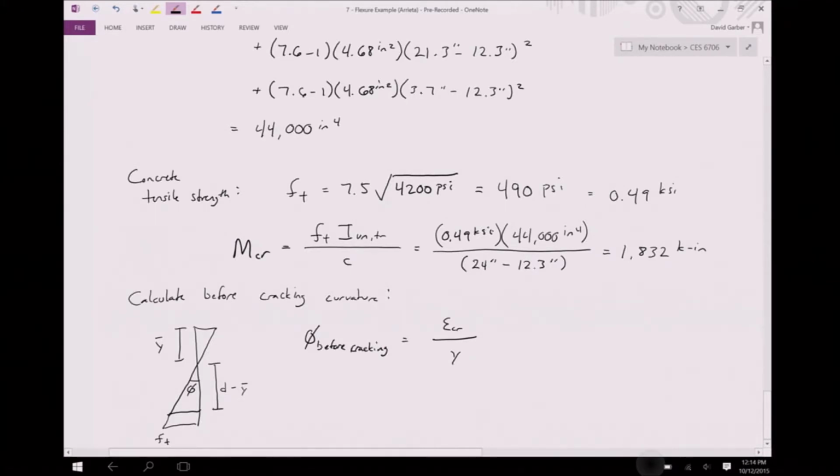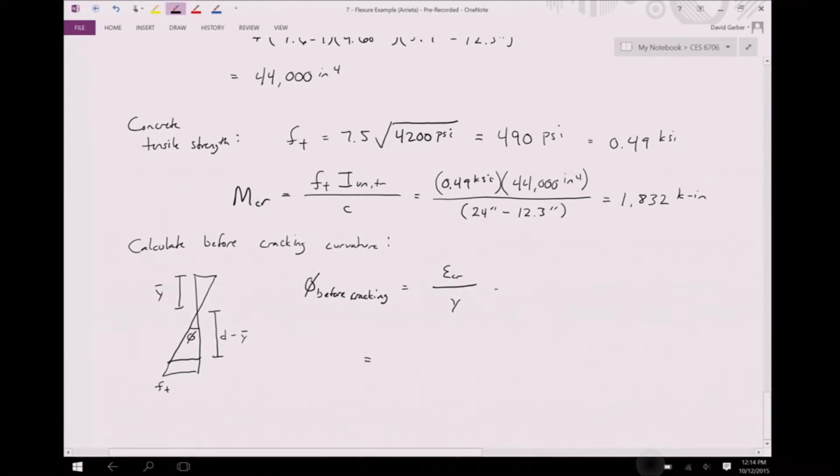So we can plug in our values, and the strain at cracking is going to be our cracking stress, so 0.49 ksi, divided by our concrete modulus, 3,840 ksi, divided by 24 inches minus 12.3 inches. And this will give us a curvature before cracking of 1.08 times 10 to the negative fifth radians per inch.